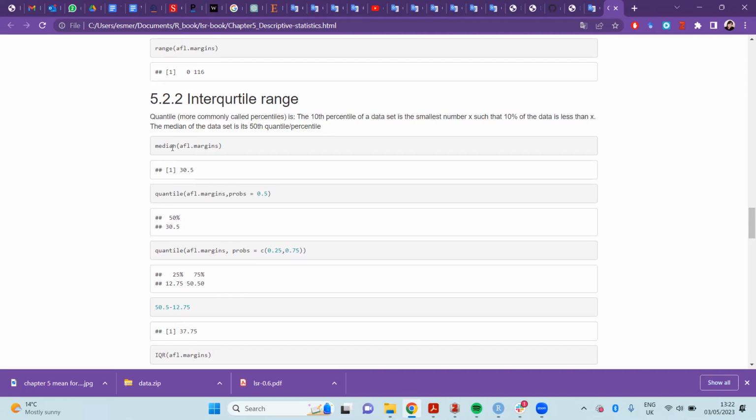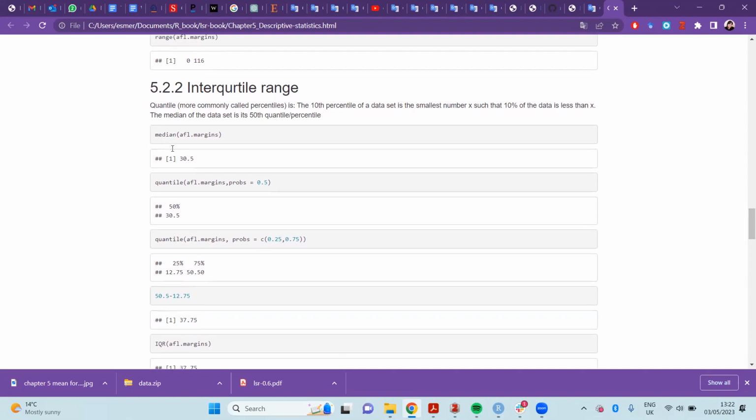For getting the interquantile range, we have this function which is quantile, and we can say with this argument probs the quantile we want to obtain.